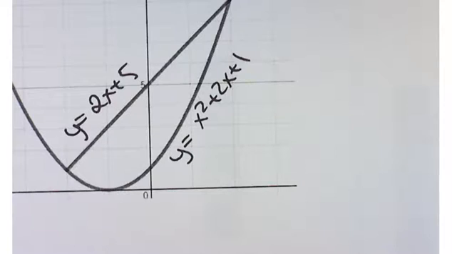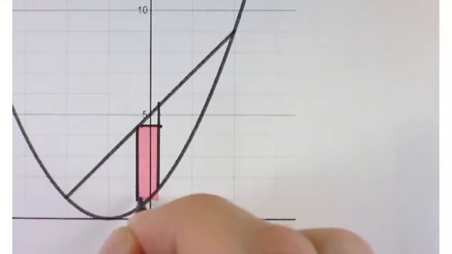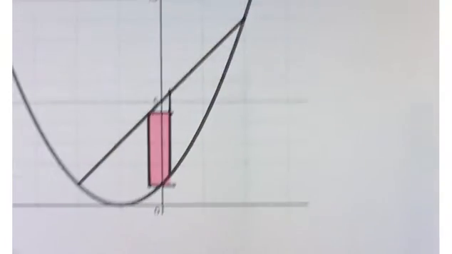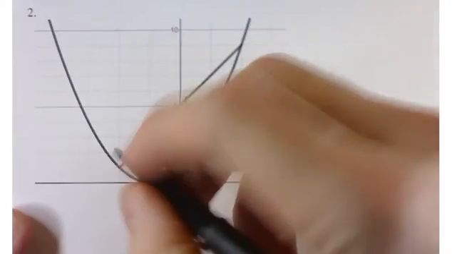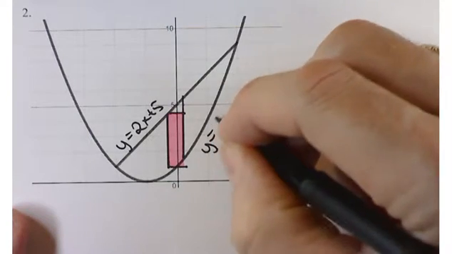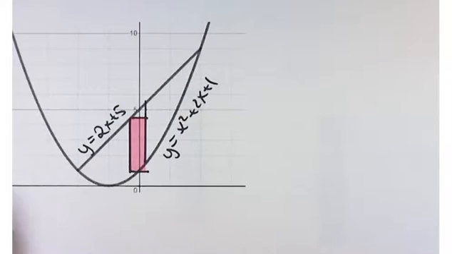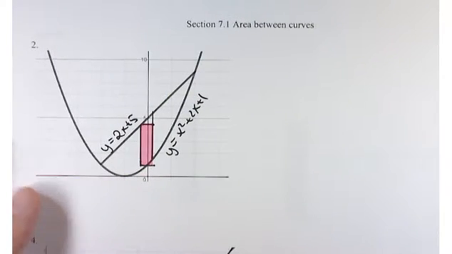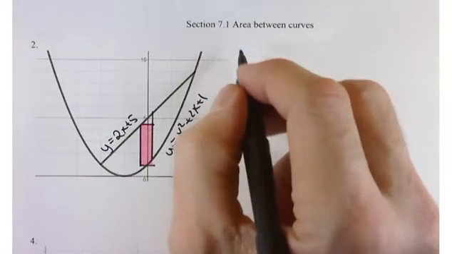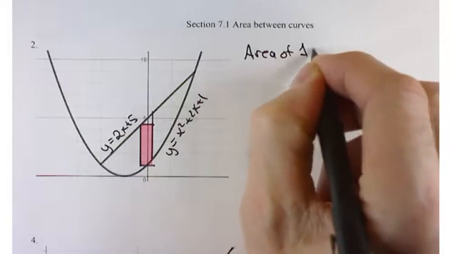What I'm going to suggest when we're trying to find this area is to work with the area of one rectangle. Again, this is y equals 2x plus 5 and y equals x squared plus 2x plus 1. So we want to find the area of one rectangle.